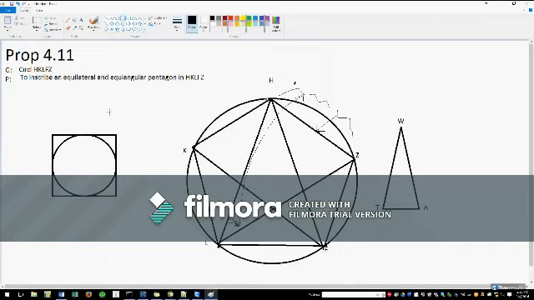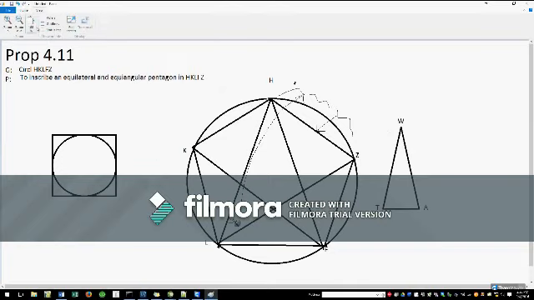Neat. Makes you also wonder how the computer draws a circle. Well, it doesn't necessarily. With this tool, is it always going to be a circle, or can you make it oval?